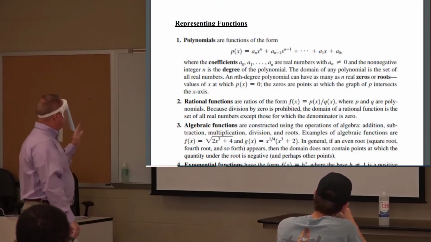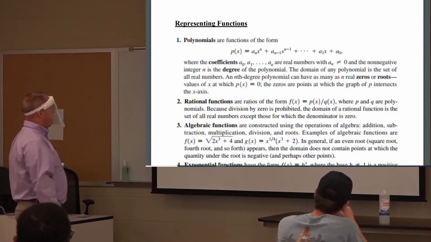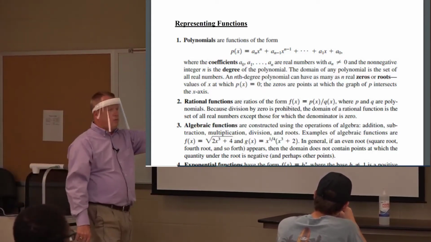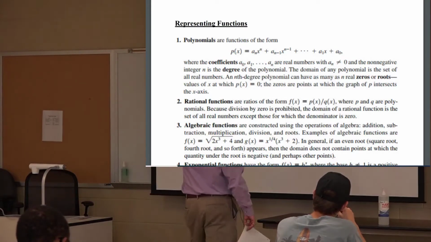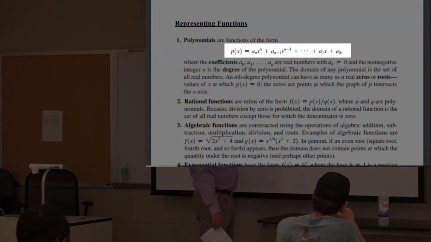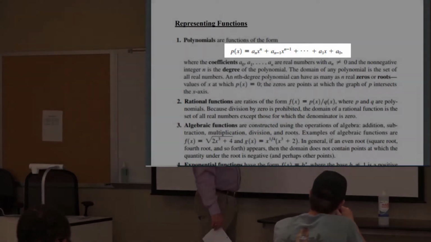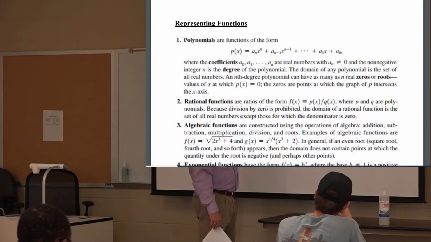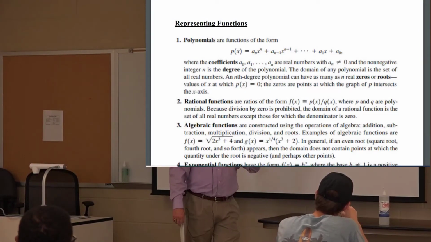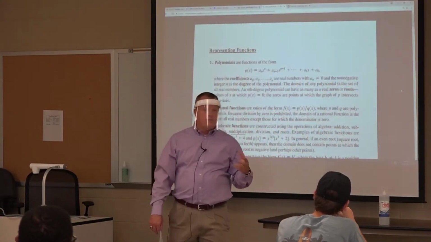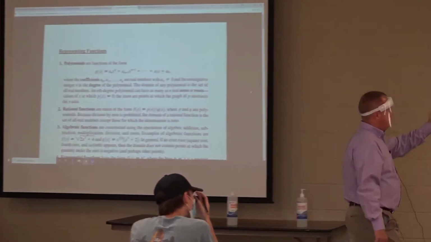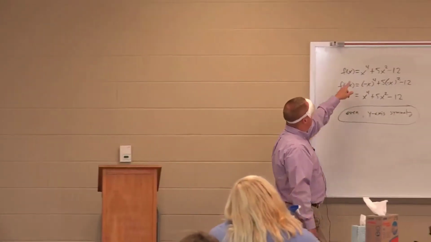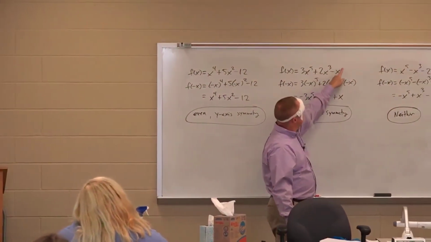All right, so first one, polynomials. Every one of those over there is a polynomial, as long as it's in this form. You've got terms with x in them, their exponents are whole numbers, not fractions, and they're not negative, like x to the 4th, x squared, x to the 5th, x to the 3rd, x to the 1st.